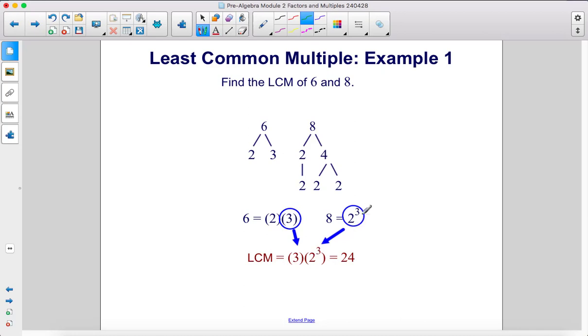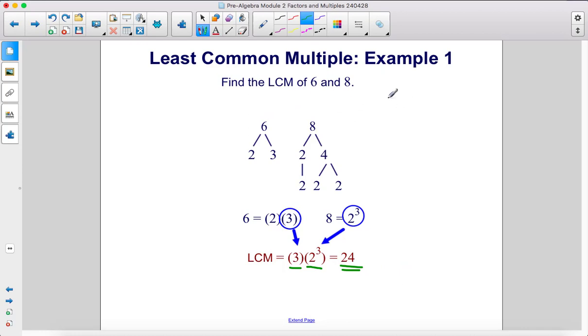So we take 2 to the third and stick it down here. Then we also have a factor of 3. Now this is different than before. Over here we don't have a 3, but when we're finding least common multiples, that doesn't matter. We're going to include each one. So 3 also gets put down here. Multiply them together and we get 24.